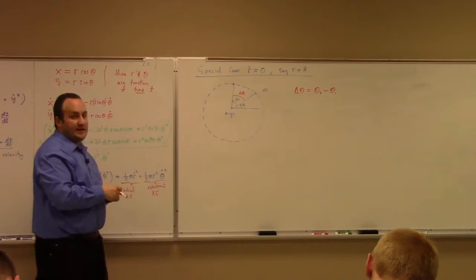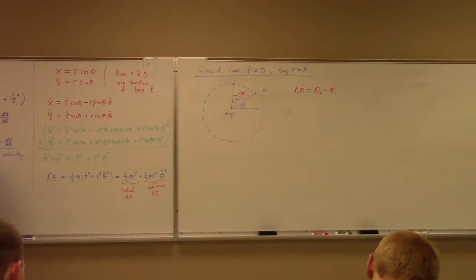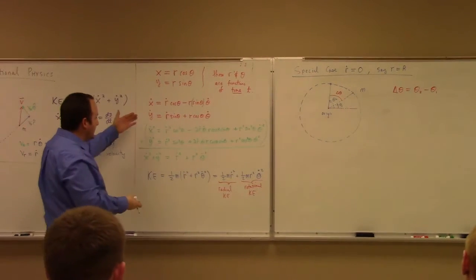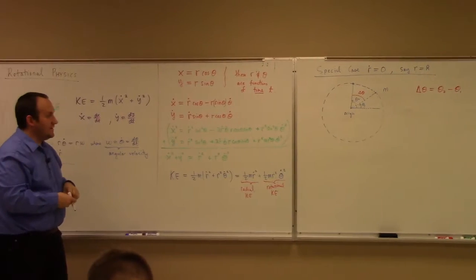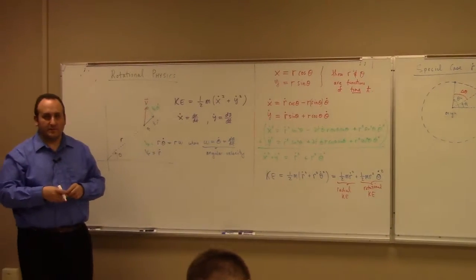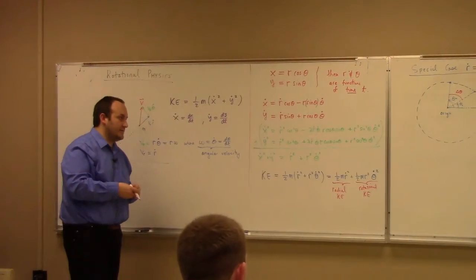Now, theta is in radians. All the formulas I'm writing for you are going to be in terms of radians. I assumed radians when I differentiated here. If theta was in degrees, I'd need all kinds of multipliers, because theta is only nice in radians.